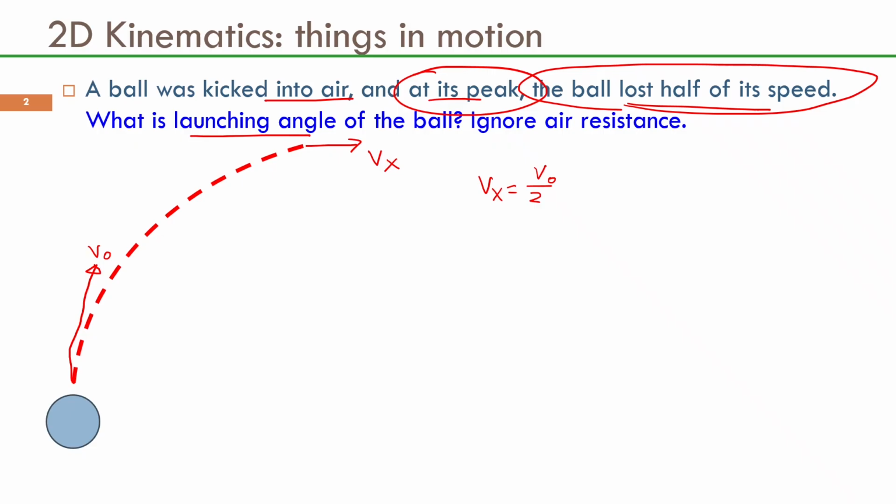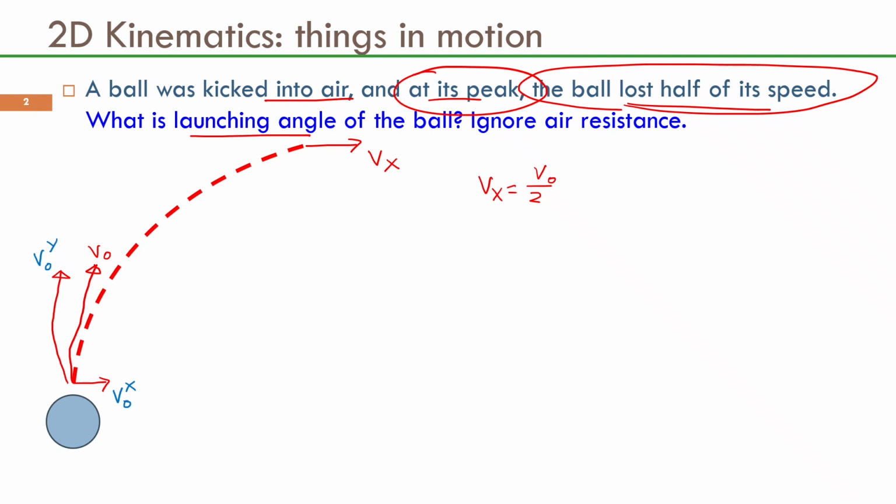Okay, so how can this relationship help us find the launching angle? We know for projectile motion, we can decompose the motion into horizontal motion and vertical motion. If I use a different color, I can show my horizontal velocity and my vertical velocity here.